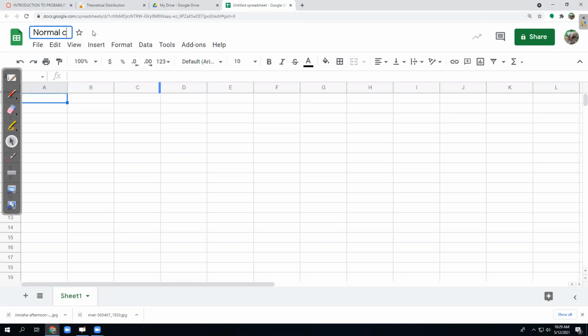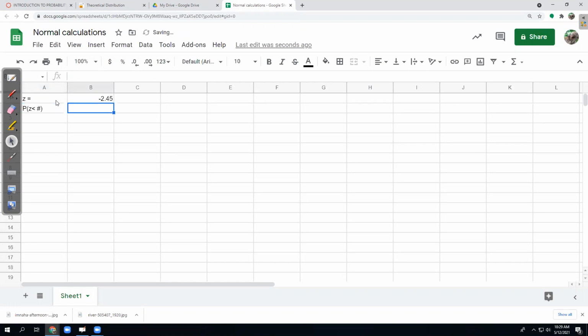Here I was given a z-score. Z equals, I'll put it in this cell, negative 2.45. Based on that, I want to calculate the probability that, in this case, z is less than whatever number I have.